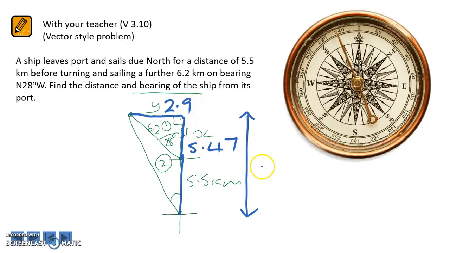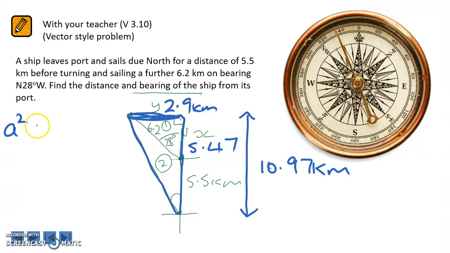So that's going to be 10.97 kilometres will give us this distance. So now we know that this is 2.9 kilometres from here to here. We know this is 10.97 kilometres. We can then work out what this distance here is using Pythagoras.